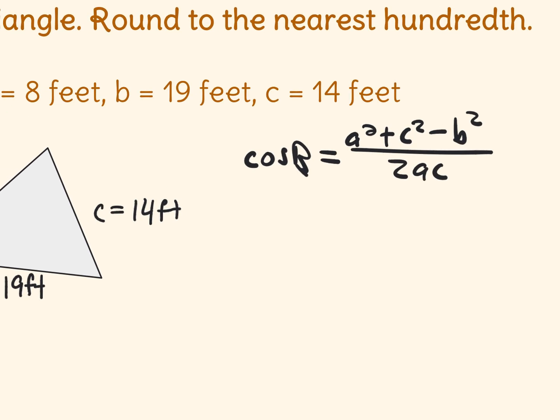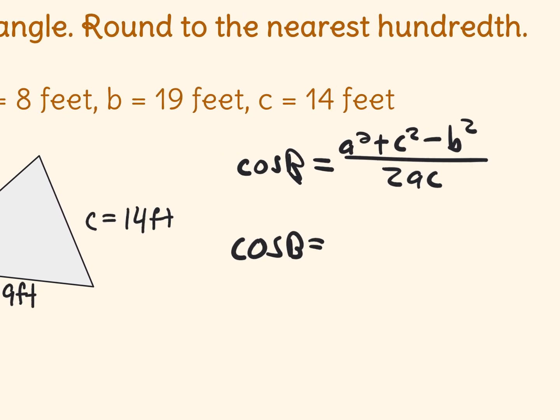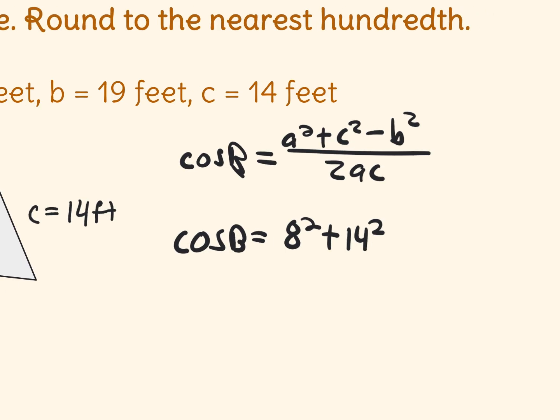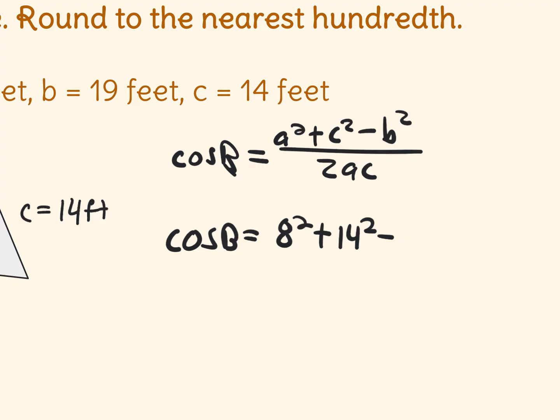All right, so all we're going to do is plug this in here. We should have cosine of B equals A, we know is 8. So this is going to be equal to 8 squared plus C squared, which is 14 squared, minus B squared, which is 19 squared, over 2AC, so it's going to be 2 times 8 times 14.